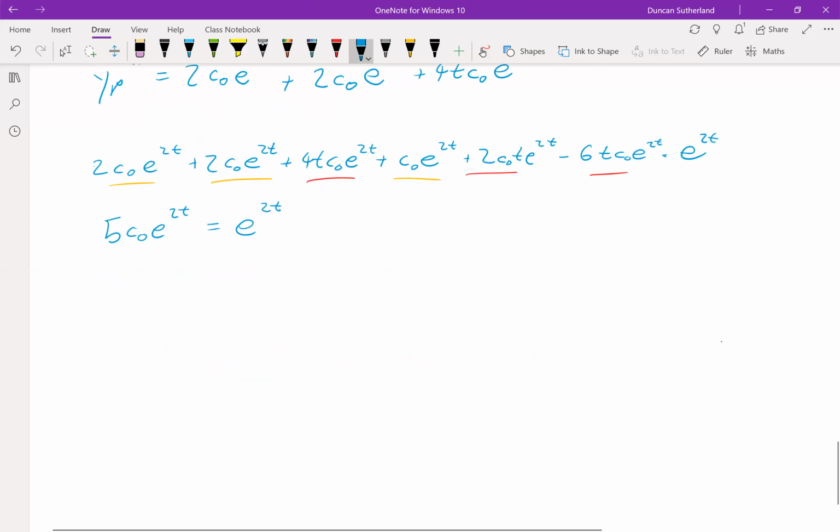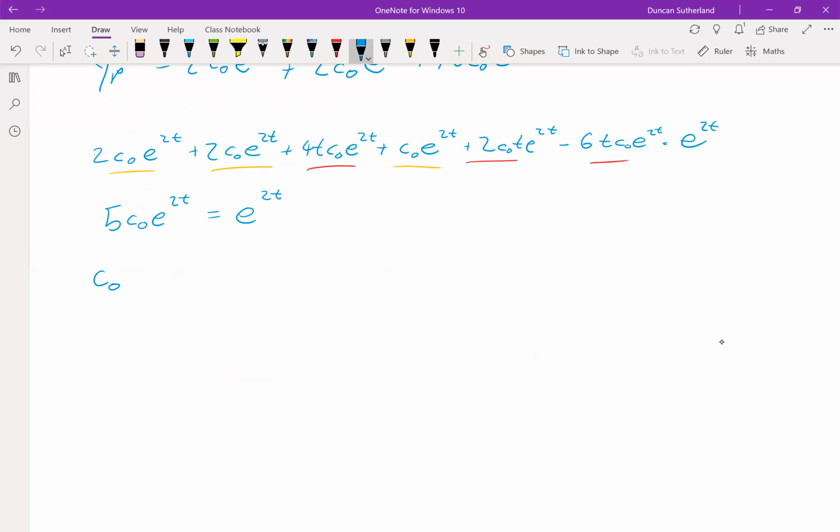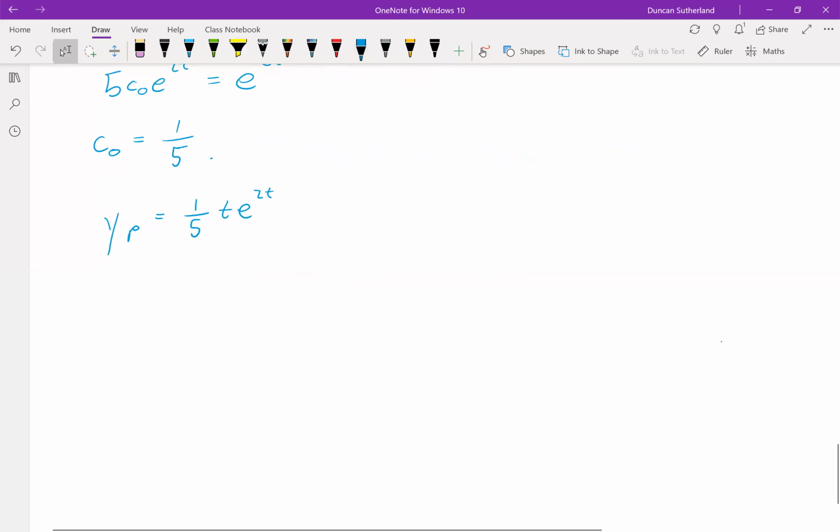But very clearly, c naught is equal to 1/5. That's great. We're done. We've got our y particular now is 1/5 t e to the 2t. We know our y homogeneous, so we can write down y overall.